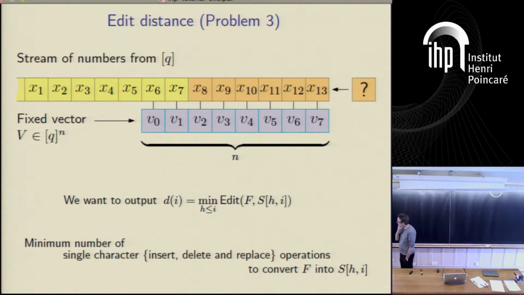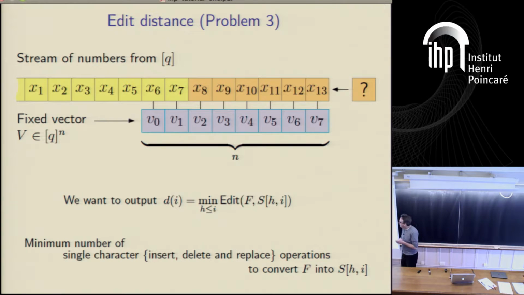We're going to define a version of edit distance that makes sense in a stream. Instead of the sliding window we've been talking about before, we're going to talk about the minimum edit distance between our fixed string and any suffix of the stream that's coming in.